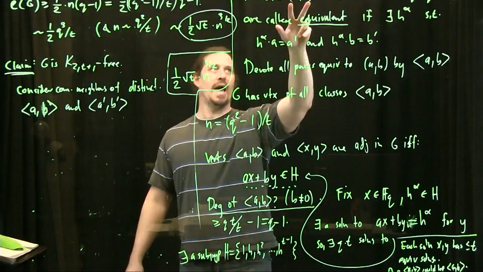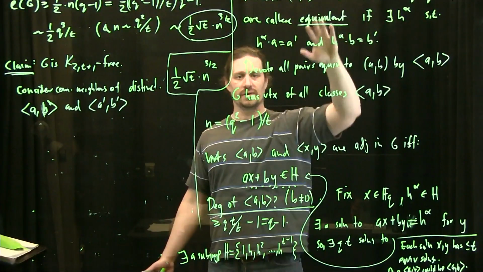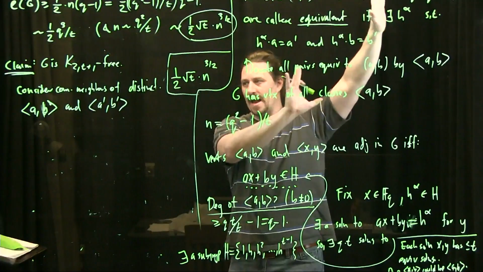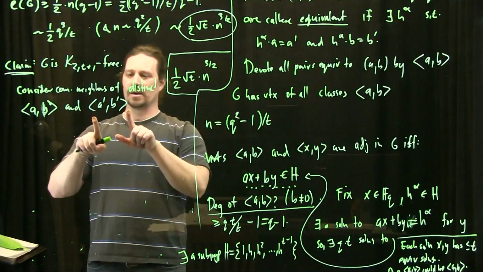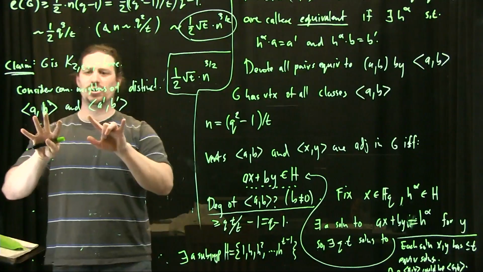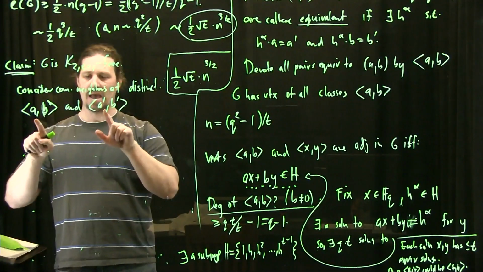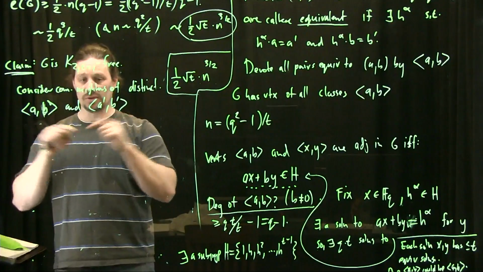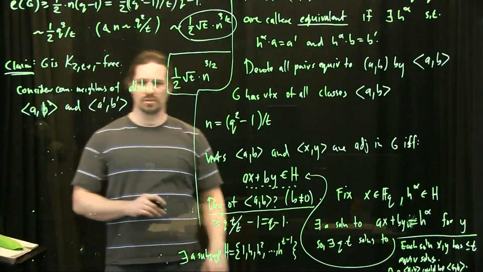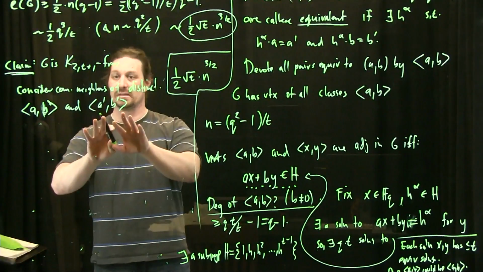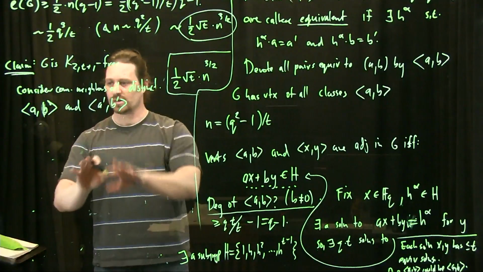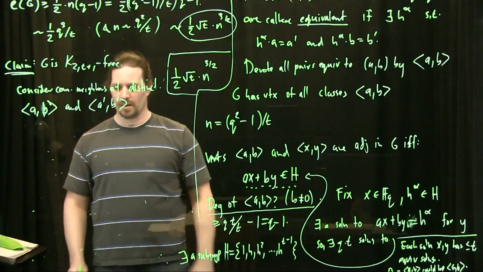Before, I talked about A, B and A prime, B prime being equivalent if they satisfied this. Ignore that now. This is a collection of all the things equivalent to AB. This is the class of everything equivalent to A prime, B prime. I want these to be two distinct classes. So these pairs are not equivalent to each other. Maybe I should have just called them CD or something like that. But this is a pair that has all of its equivalencies, all t of them, and this is a pair that has all of its equivalencies, but they're not the same.